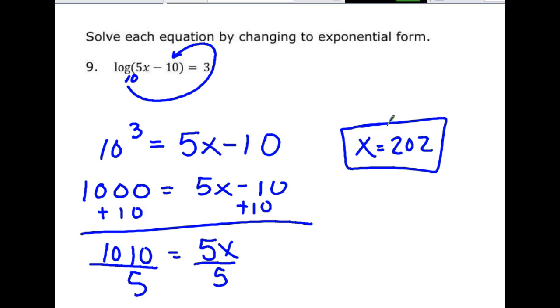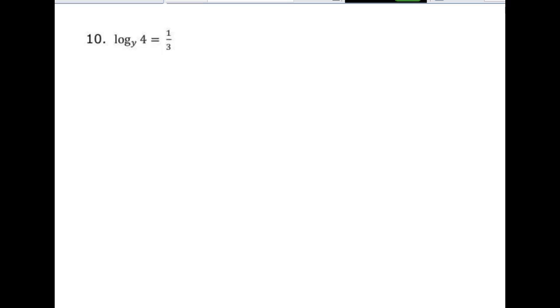Now, you see that I didn't have to match any bases on this one. It depends on where the x is in the problem what you do after you change it to exponential form to solve it. And so on this one, what's the base?